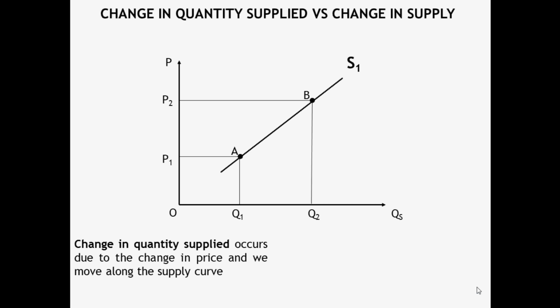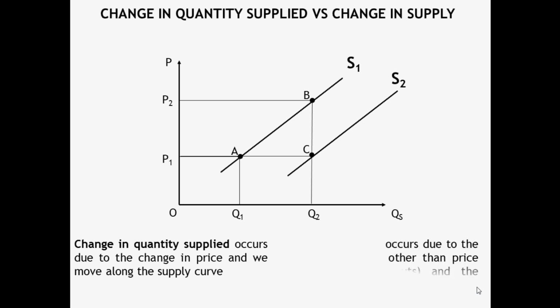Production will increase from Q1 to Q2, and we shall move from A to C. The movement from A to C is not due to the change in price. Here price is fixed at P1, but this movement occurs due to the change in other factors, specifically due to the fall in inputs price. So movement from A to C is change in supply, and our new supply curve will be S2.